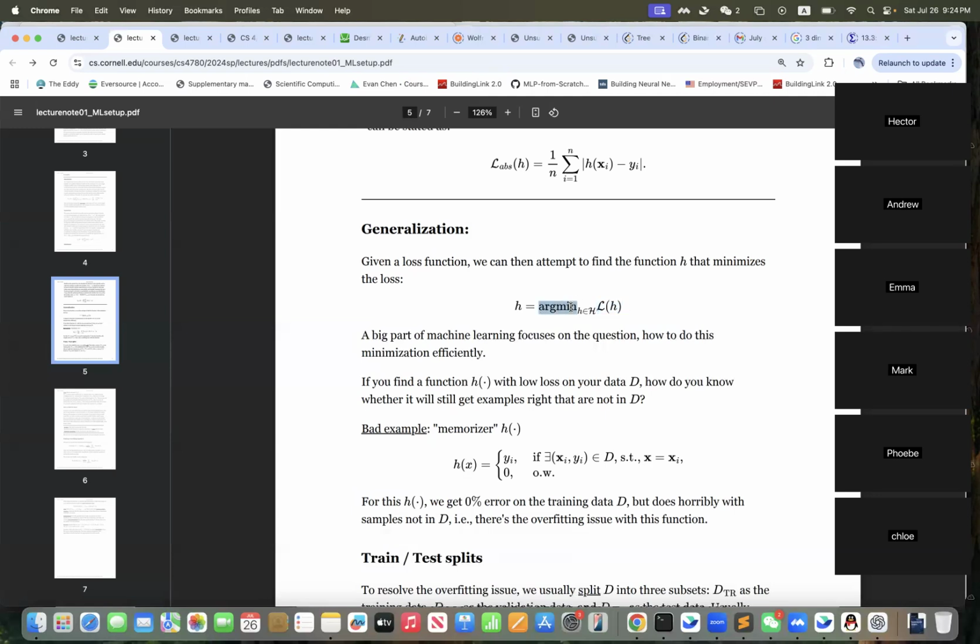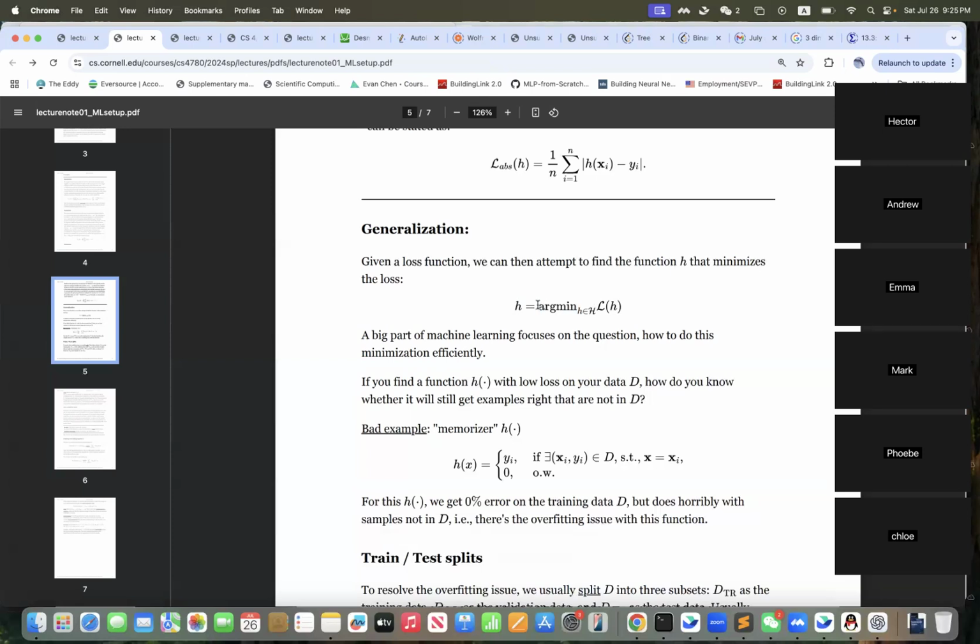It means we want to go through all the small h in this hypothesis class, capital H, and find the best small h that makes the loss as small as possible. The h that minimizes the loss, we assign it here. So argmin.